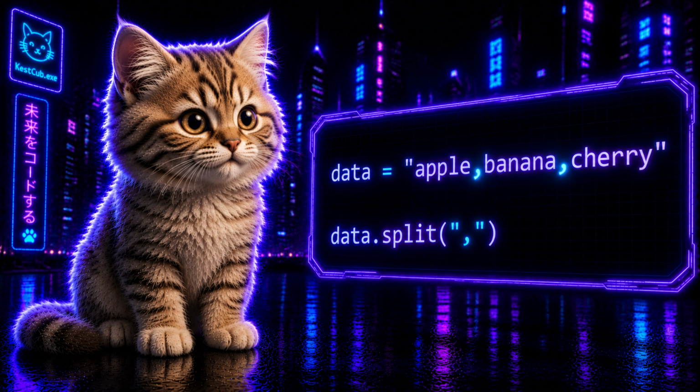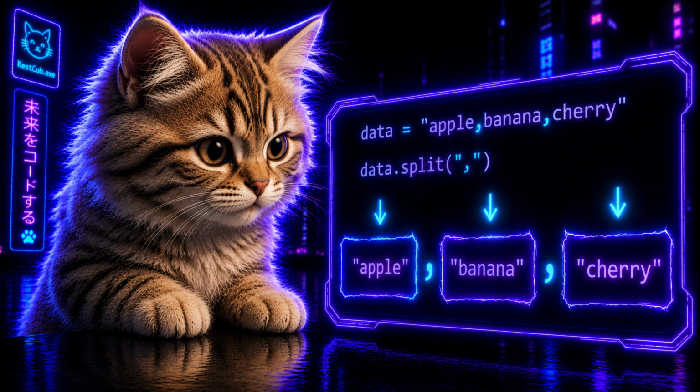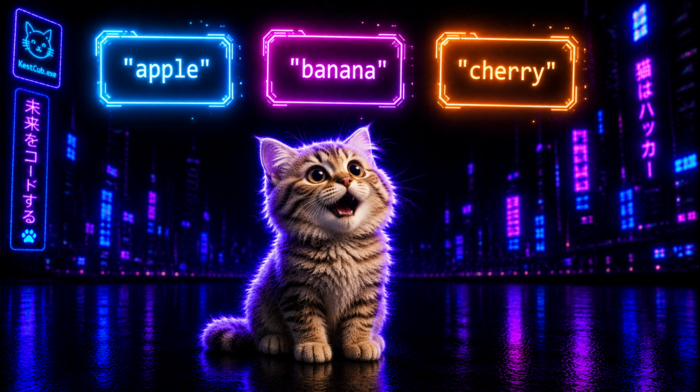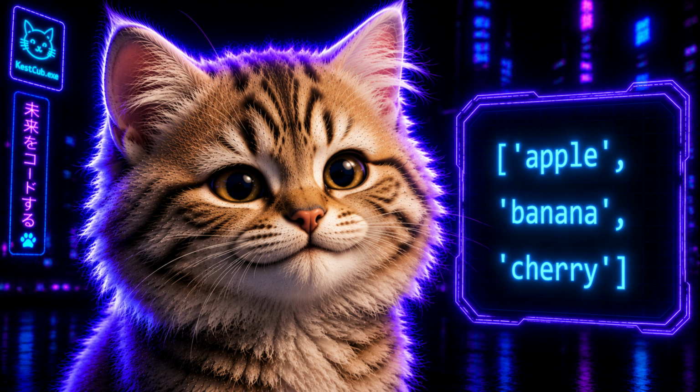Split. This one comes up constantly in real code. Split breaks a string into a list of separate pieces based on a separator you choose. Take the string apple, banana, cherry. Call .split and pass in a comma as the separator. You get back a list with 3 items, apple, banana, and cherry. The commas are gone, just clean, separate pieces.